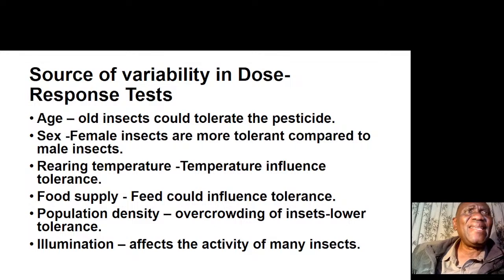Food supply, the feed can also influence tolerance. Population density, overcrowding of insects can induce lower tolerance, and we may end up overestimating the LD50.